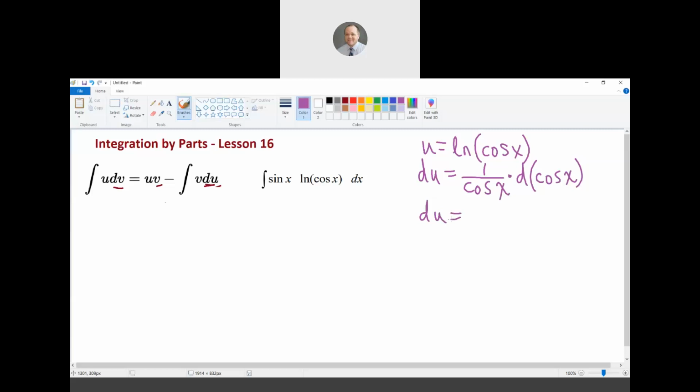The derivative of cosine is negative sine x. So we have negative sine x over cosine x dx. It's tempting to change this to negative tangent, but hold off on that. We may not even need to do that.